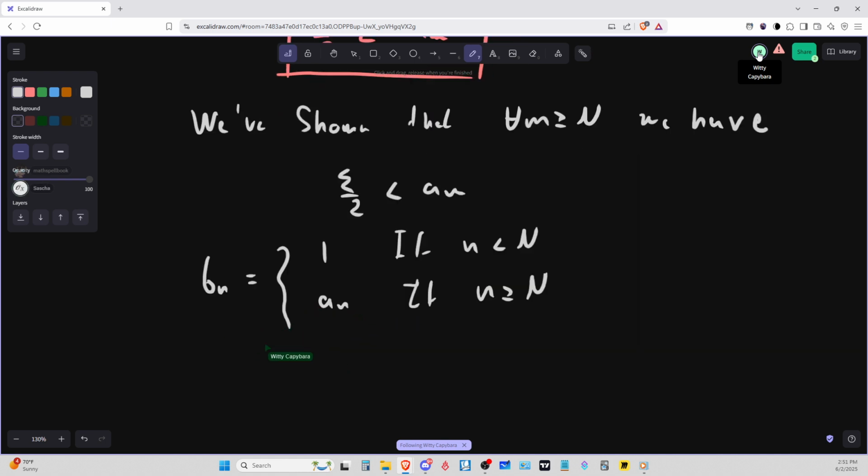Now we'll just state some obvious facts, but what you can see is that Bn is Cauchy. Why is that?